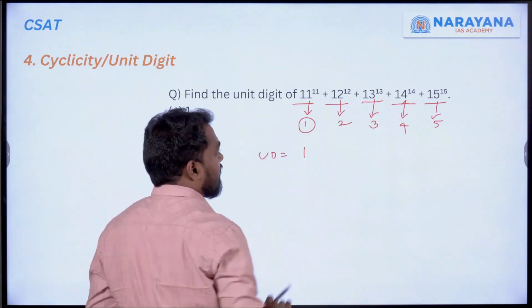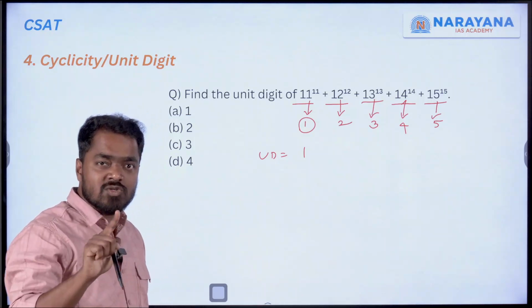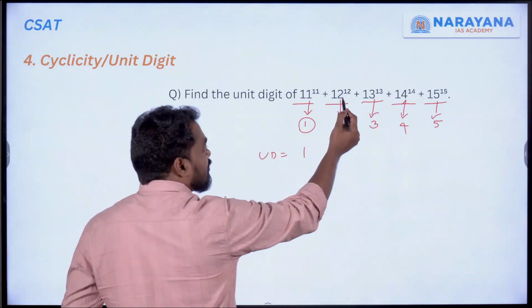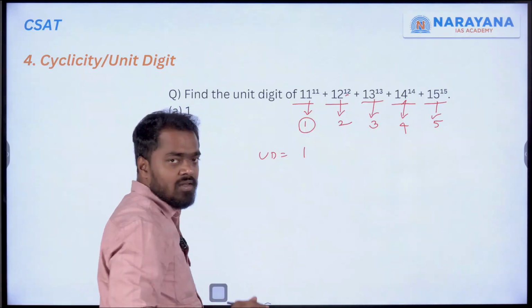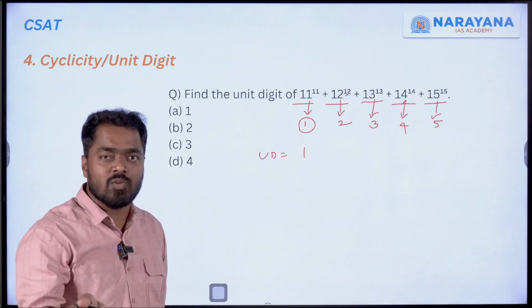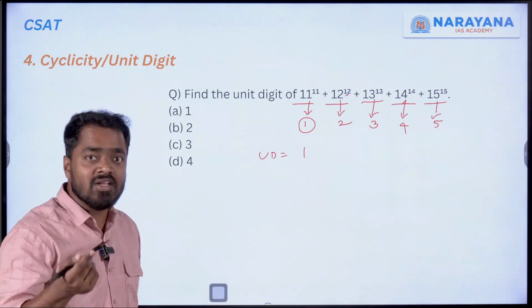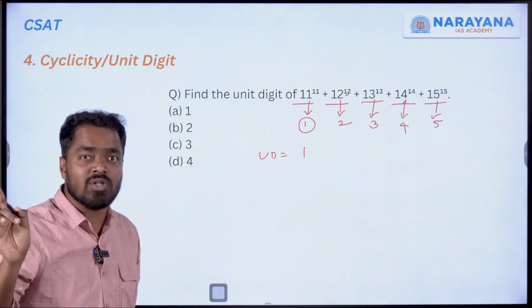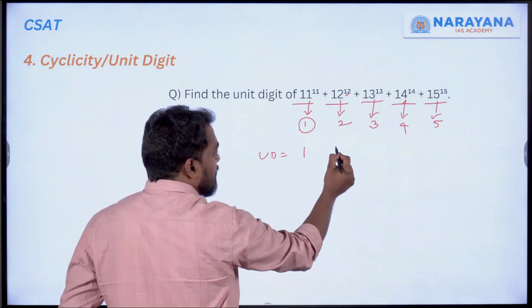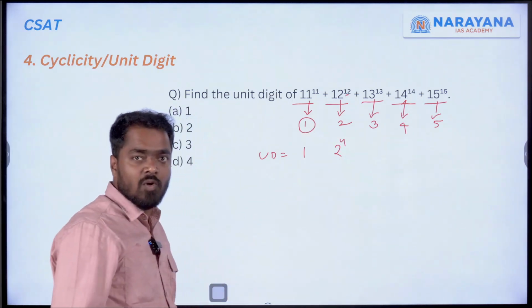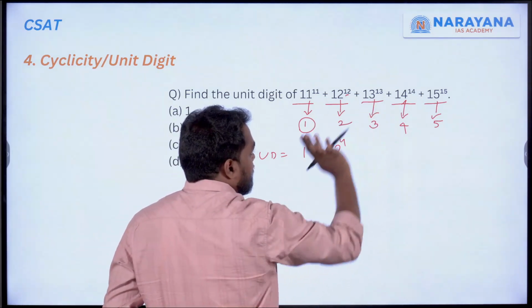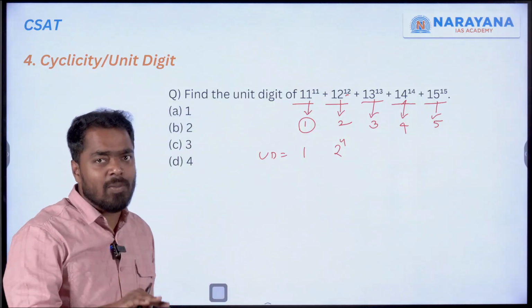Now come to the second. If the base unit digit is 2, 3, 4, 7, 8, 9, you have to take the power, that is 12. Divide it with 4. 4 3s are 12, remainder is 0. Remainder is 0 means the unit digit is z to the power 4. So that means 2 to the power 4. Next, when 3, same, you have to apply the second rule.